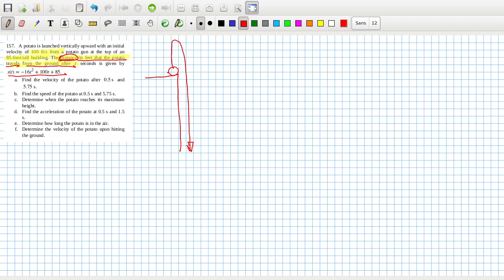It started from the top of the building, right? Yeah, I think this is wrong. We'll see what they ask. So s(t) is minus 16t squared plus 100t plus 85.